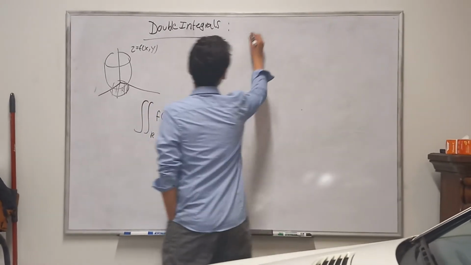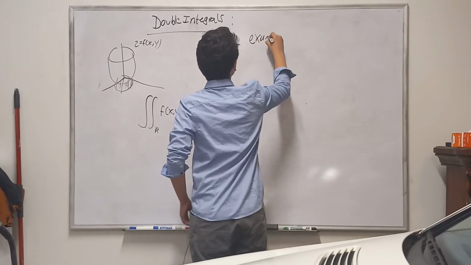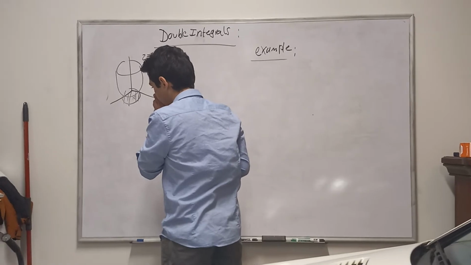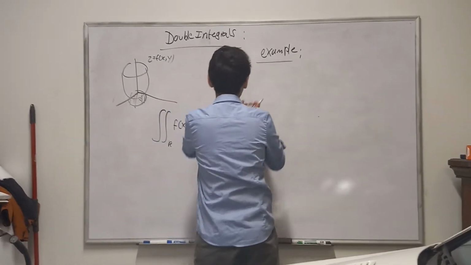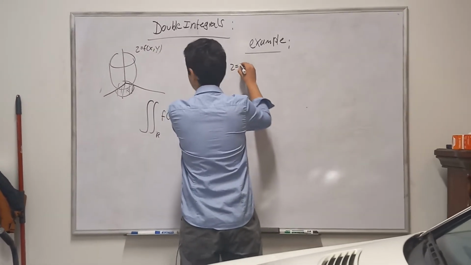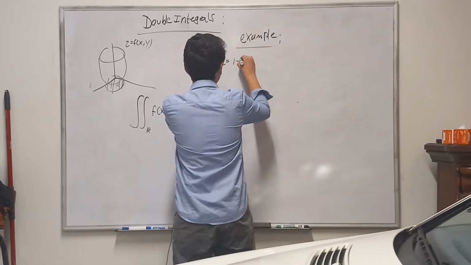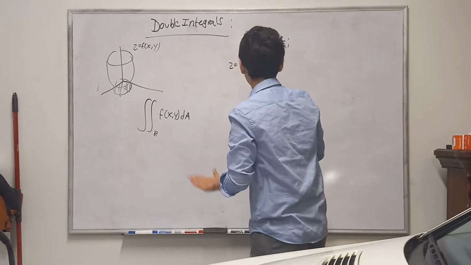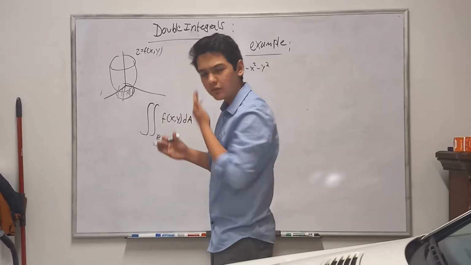So let's do an example. Let's say we have a function z equals 1 minus x squared minus y squared. Now let's just graph this to see how it looks.